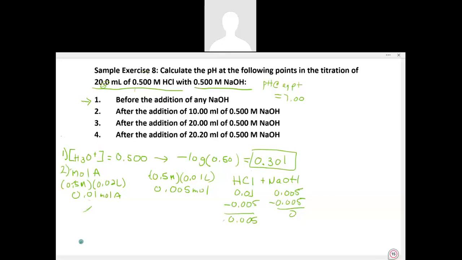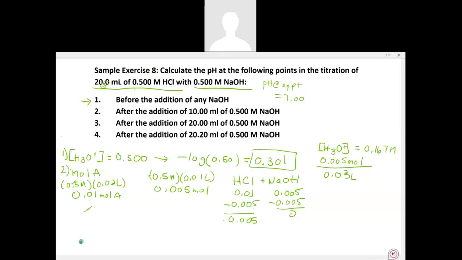That's how many moles we have, rather. So we have 0.005 moles of hydrochloric acid, and this is now in a total volume of 30 milliliters, 0.03 liters. So if we plug this in, our concentration of hydronium at this point that we can plug into our negative log expression would be equal to 0.167 molar.